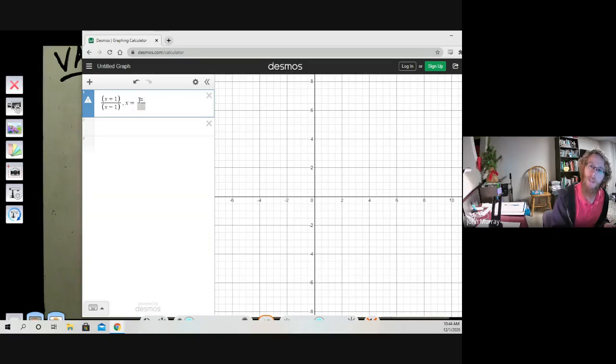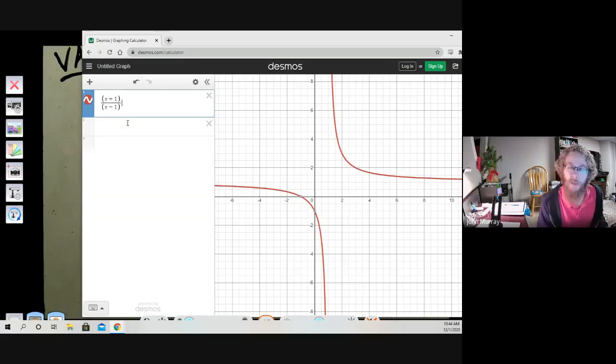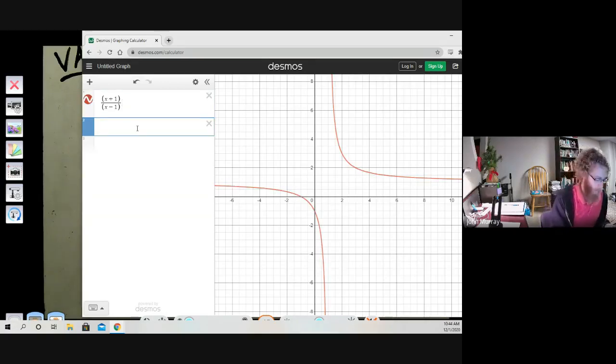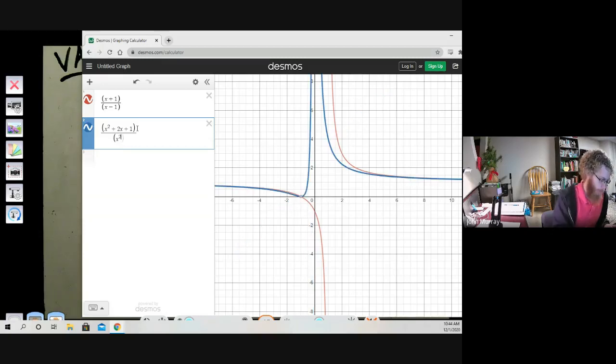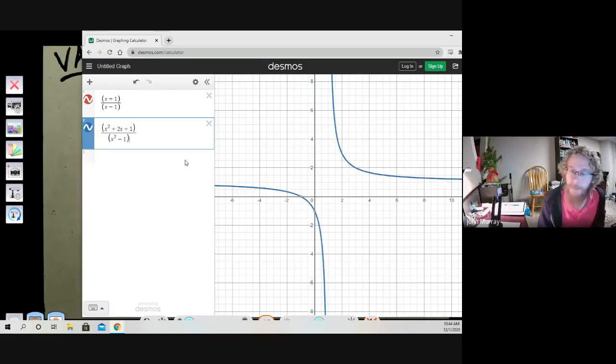But if I typed in the entire version that we had, x squared plus 2x plus 1 divided by x squared minus 1, well, the graphs are the same. They lie on top of each other.